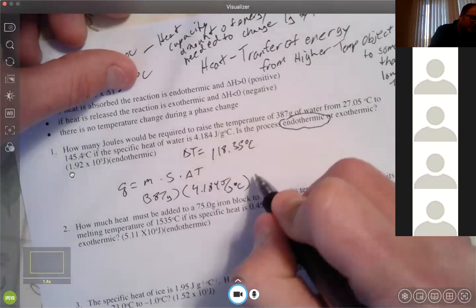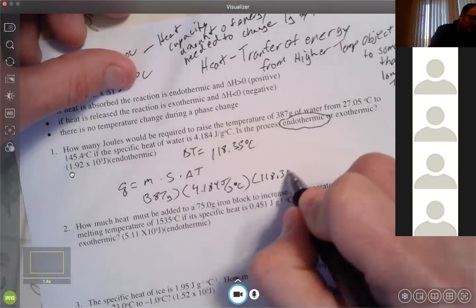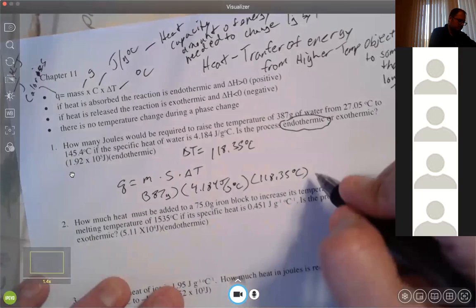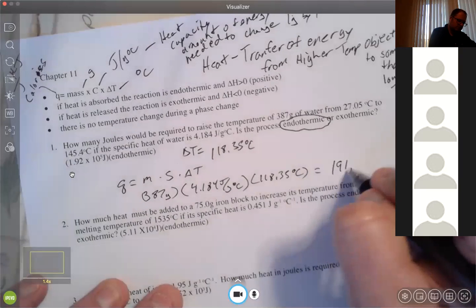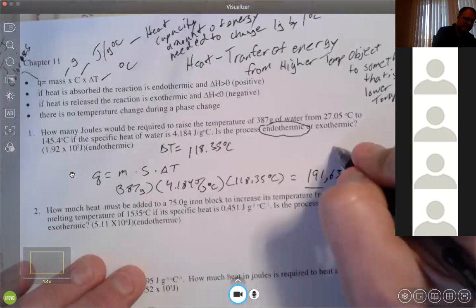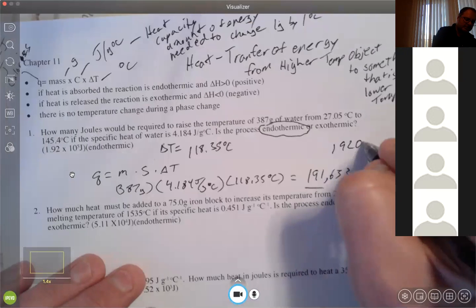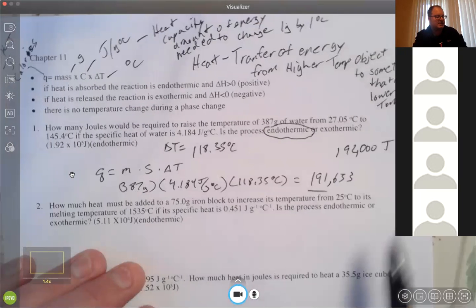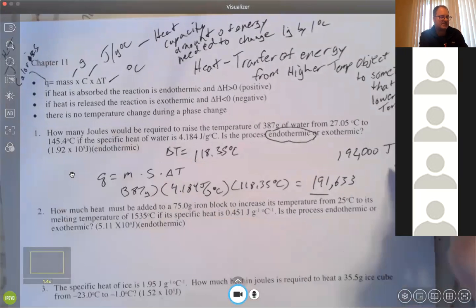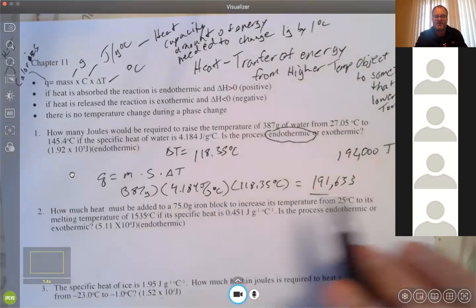And the temperature change is 118.35 degrees Celsius. 387 times 4.184 times 118.35 is 191,633.2668. We're going to round that to 3 significant digits. So that is 192,000 joules. If we wanted to, we could change that to kilojoules. If it asks for how many kilojoules, we would just divide this by 1,000.